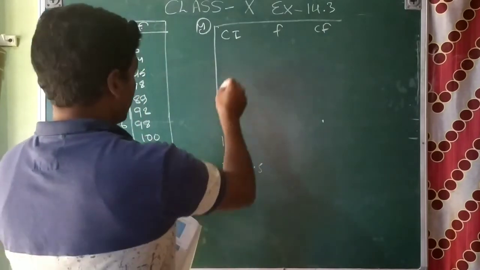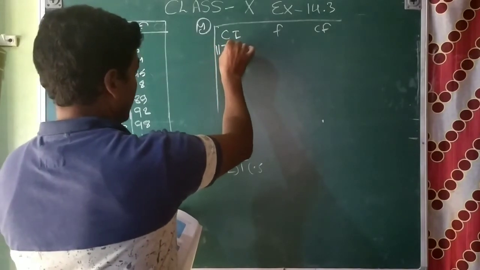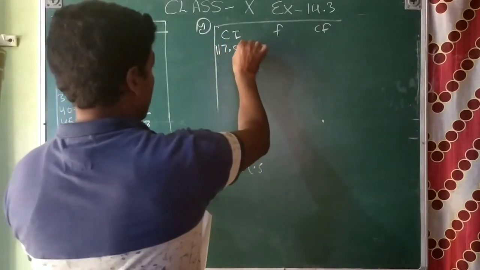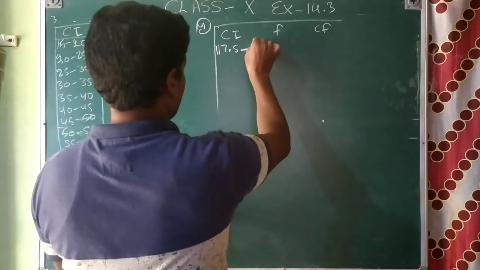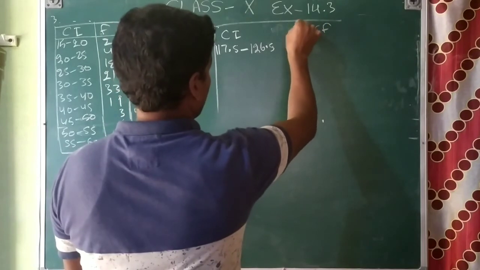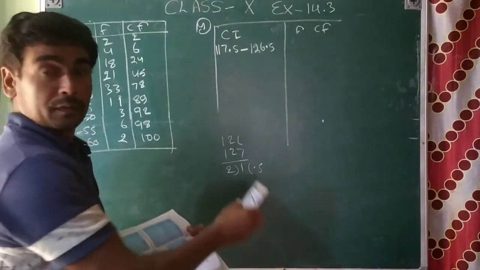So we will decrease from the lower limit 0.5, giving 117.5, and increase the upper limit by 0.5. So that will become our class interval.